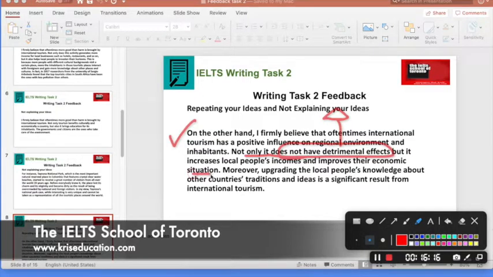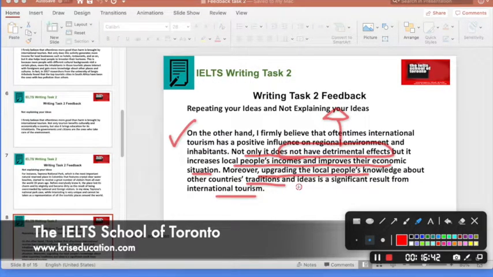And we do have a problem here with explanation. The student is simply mentioning without going deeper, without showing the reader how tourism improves the economy of a country. And the same thing, this test taker is doing the same thing here.